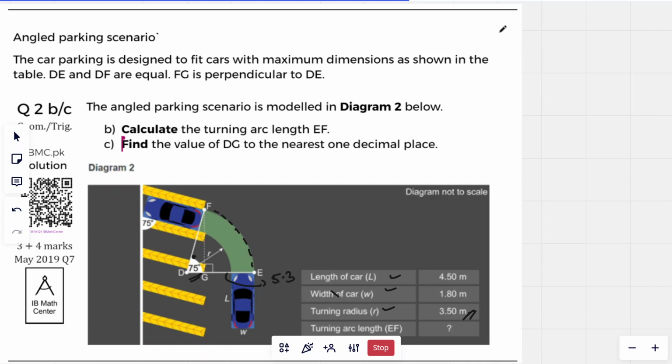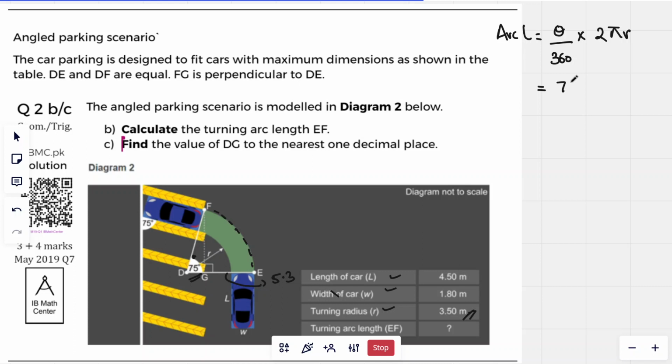The formula for arc length is theta over 360, what fraction of the circle, times 2 pi r.